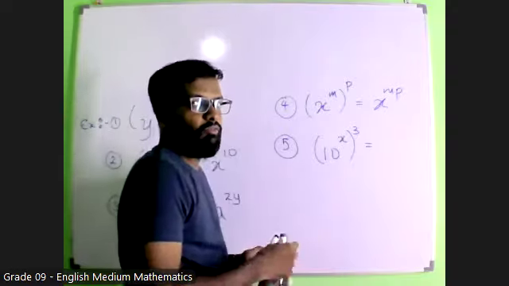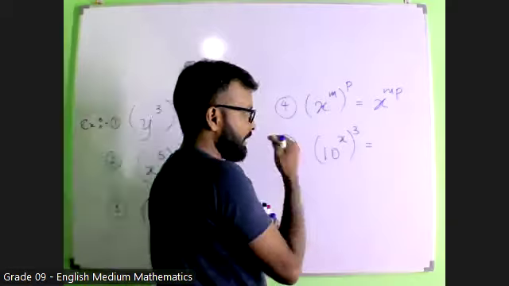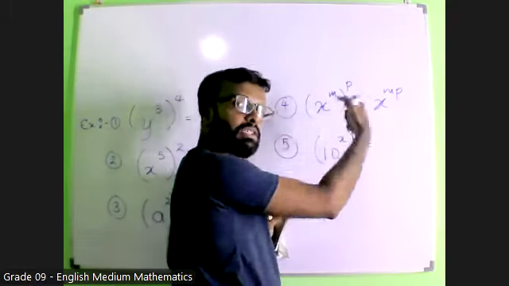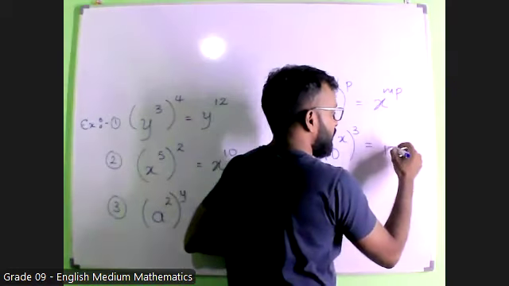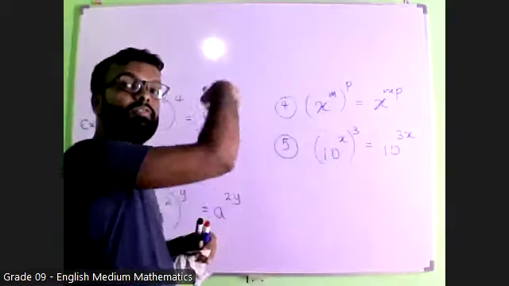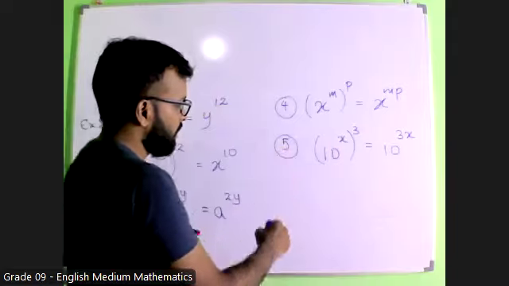The number value should come first. This is x times 3, which means 3 times x. 10 to the power 3x. The number should come to the first place.